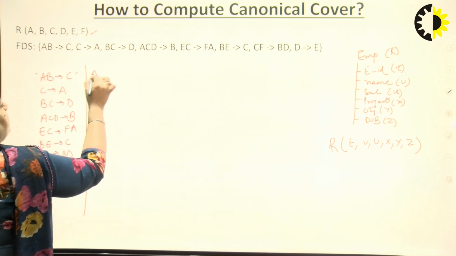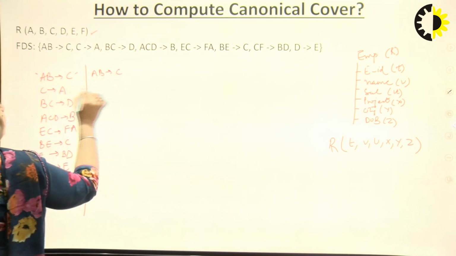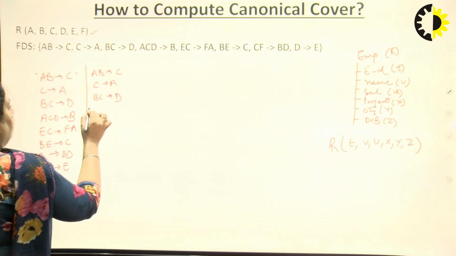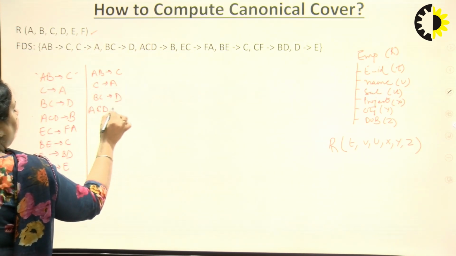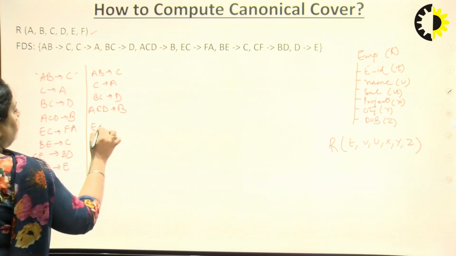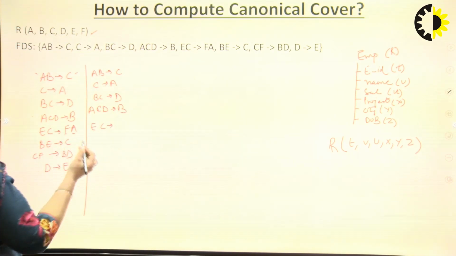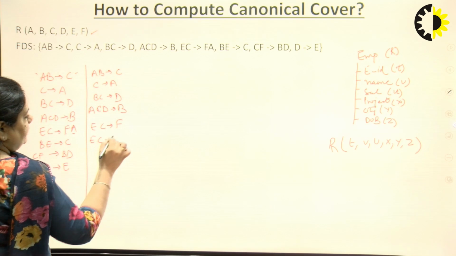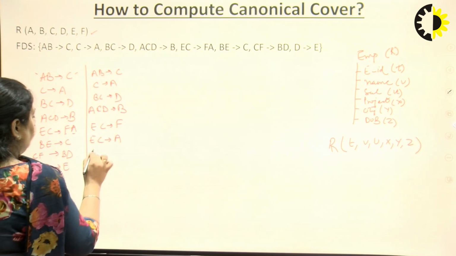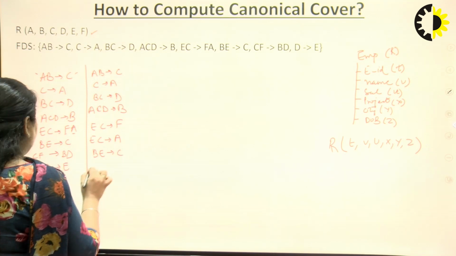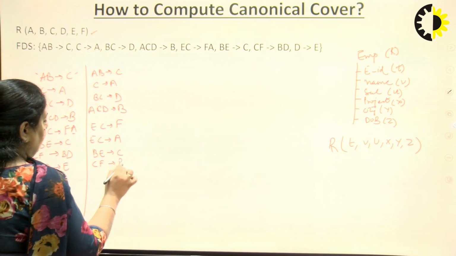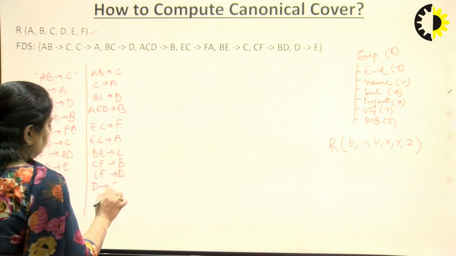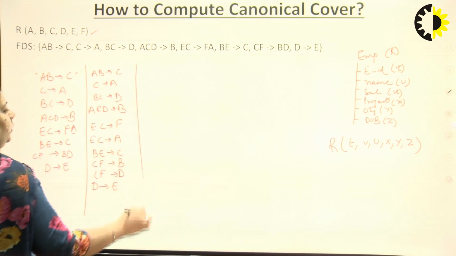So, the first one, AB determines C, we can't decompose. C determines A, BC determines D, ACD determines B. EC determines, here you can see two attributes, so we can decompose it into two functional dependencies. Then BE determines C, CF determines B, and again CF determines D, and then D determines E.